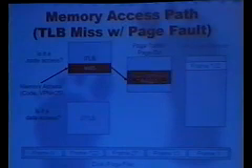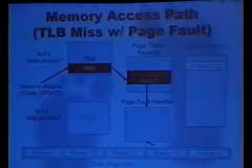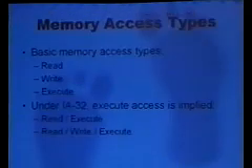Oops, something's not there that we need, so it's going to cause a page fault. Now that we have a page fault, we know what happens. The int 0e handler is going to be invoked, which is going to run, and it's going to go out to the disk and bring that frame in from the page file and load it into physical memory. And then, of course, mark the page table entry as present.